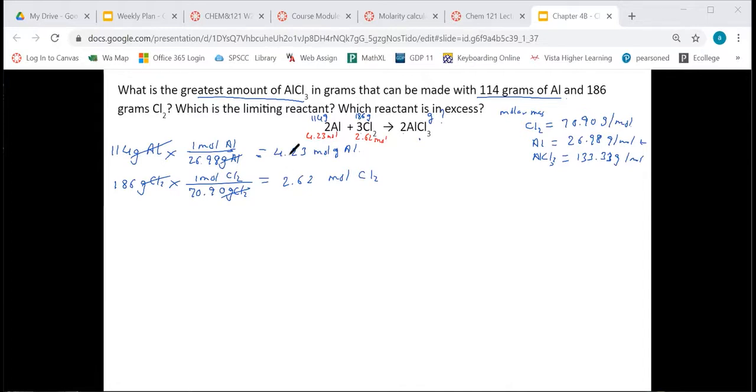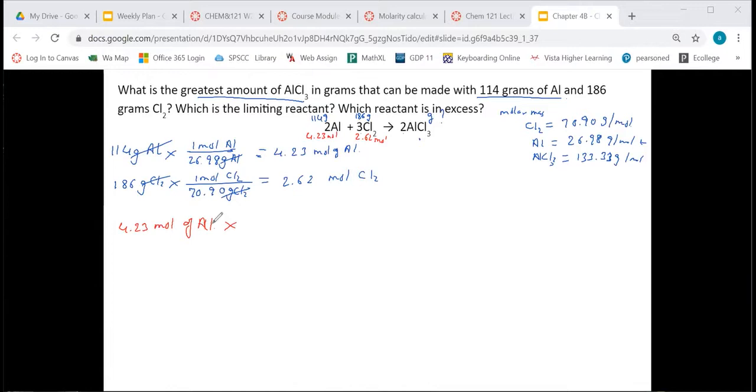Okay, I just wrote these numbers over here so that it's easy for us to look at. So now we need to figure out which one is a limiting reactant. So what do we do? If we start with 4.23 mole of aluminum, then how much chlorine do you think we will need?